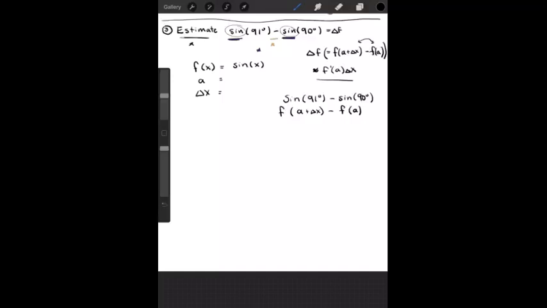Which one of them is easy to figure out what sine is at? 90 degrees, yeah. We're plugging in 90 and 91 degrees. 90 degrees is definitely the easier one to figure out what sine is. So if that's what a is, you always need to figure out a first. Then what is delta x going to be?